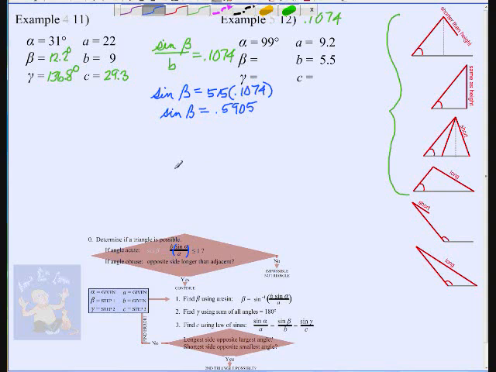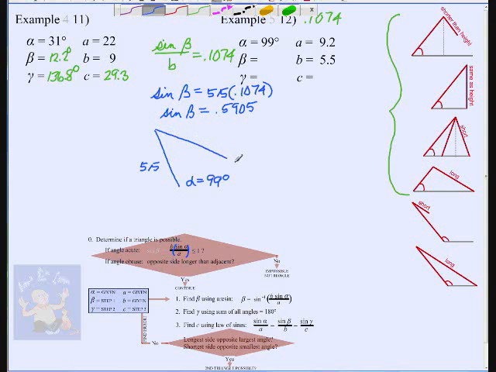We haven't done our drawing. How could I be so negligent? Here we've got our alpha. Our B is 5.5. Alpha equals 99 degrees.